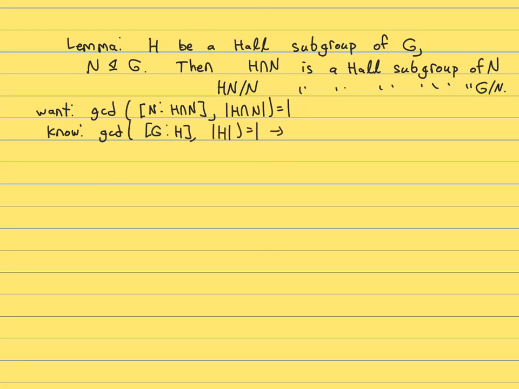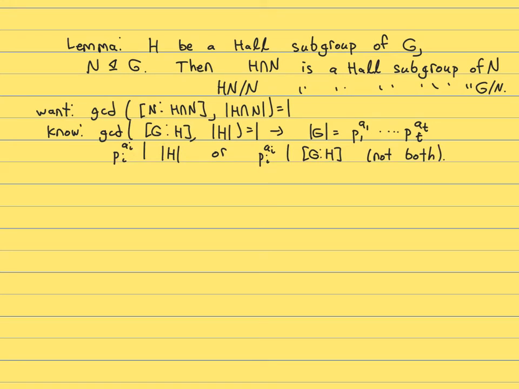Note what this implies: if you write G as a product of its prime powers, then for each prime power, you're either going to have p_i to the a_i divides the order of H, or it divides the index, but not both. Why is this true?